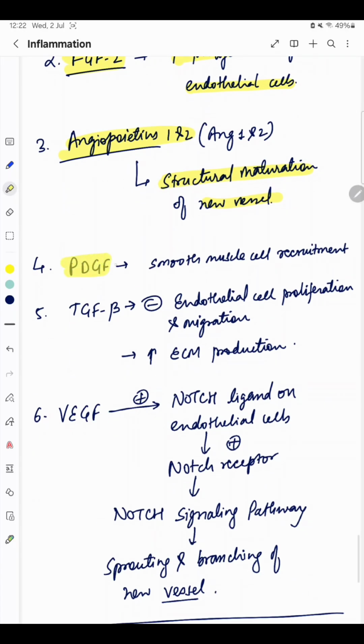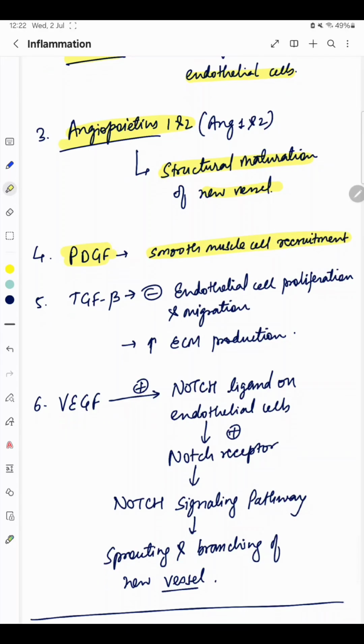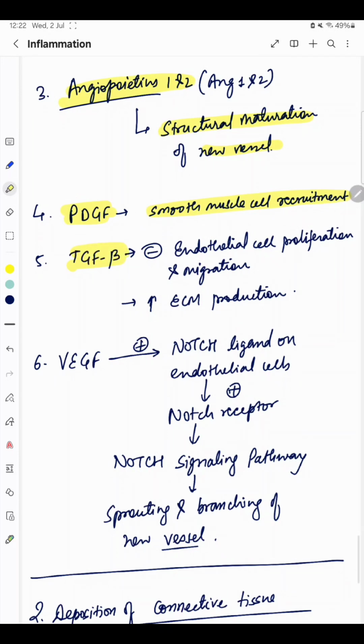PDGF is responsible for smooth muscle recruitment. TGF beta inhibits endothelial cell proliferation and migration. This will help in remodeling and is also responsible for the production of extracellular matrix.